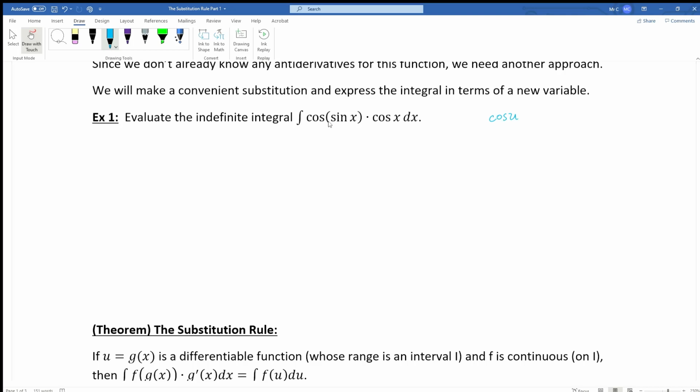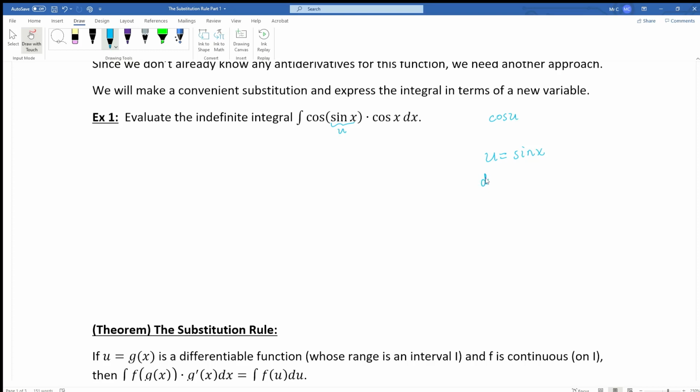That's not a problem. And here I've got, well, sine of x. So let's see what happens if I was to call sine of x just a variable, u. So that makes u, this variable, actually a function. It's the function sine of x. And what can I find out about this new function, u equal to sine of x?